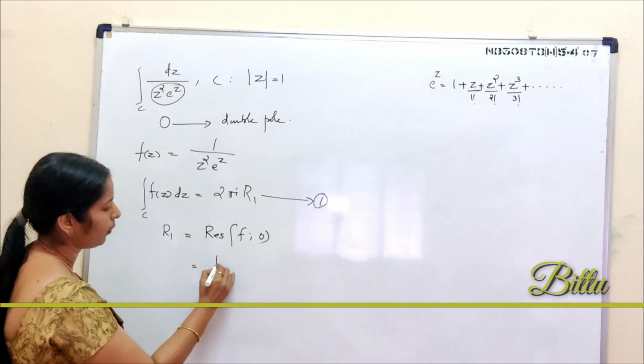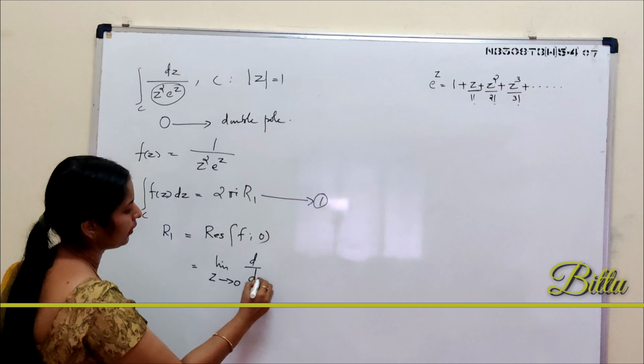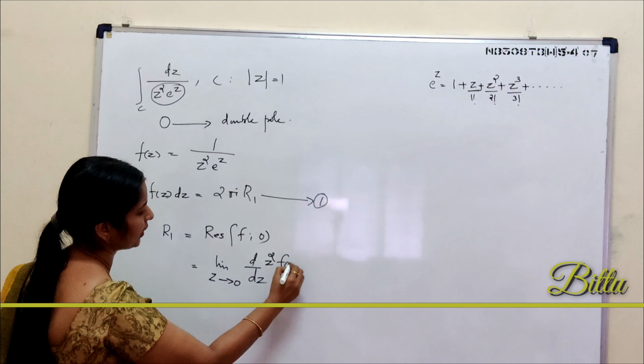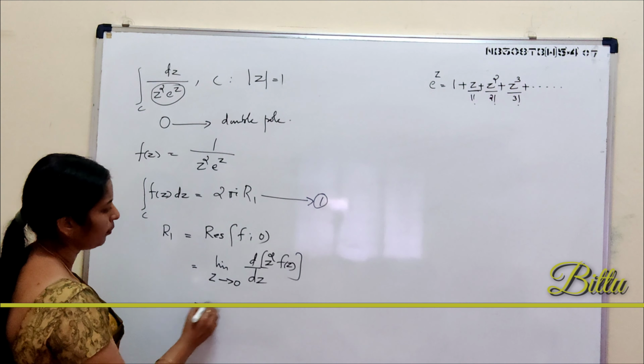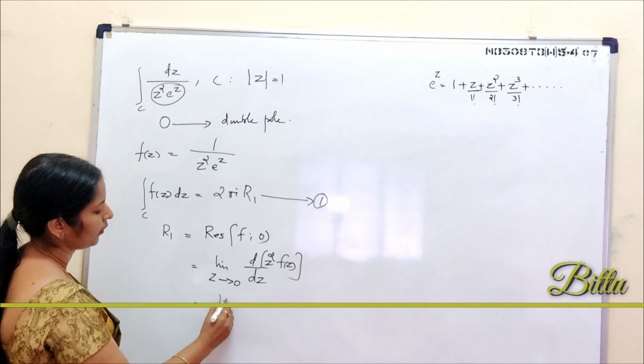Since 0 is a double pole, this is limit z tends to 0, first derivative of z square f z. You put f z here. It is limit z tends to 0, first derivative of, you can see z square will cancel, 1 by e raised to z.